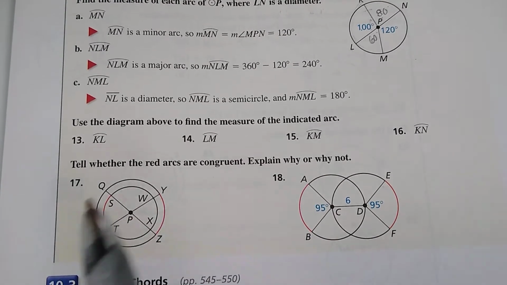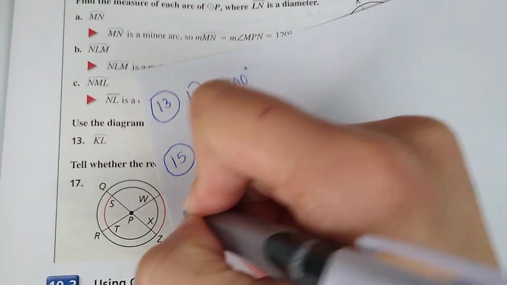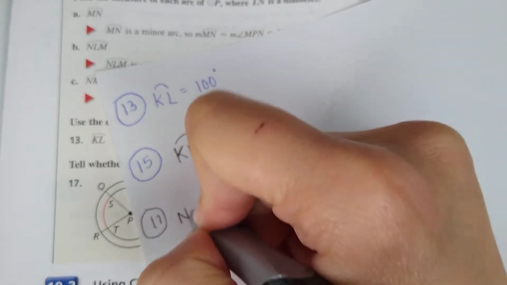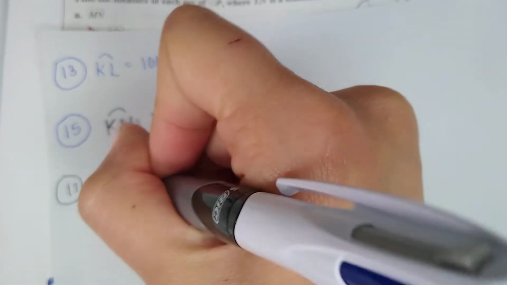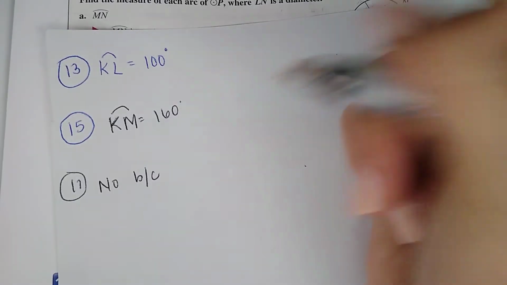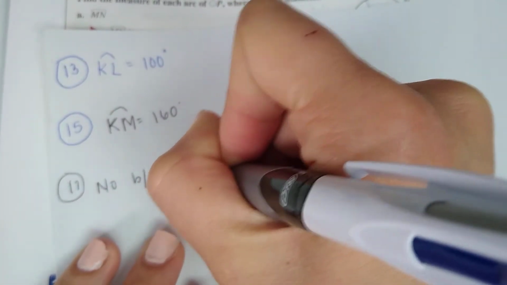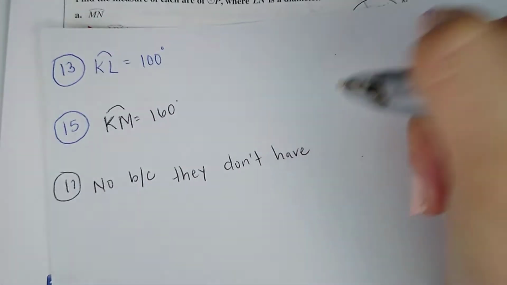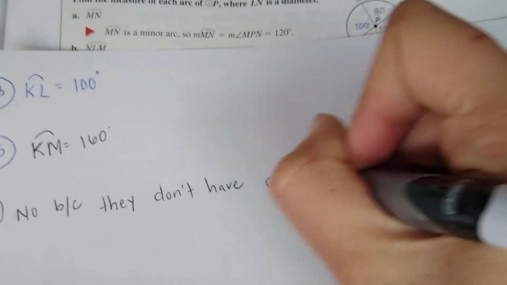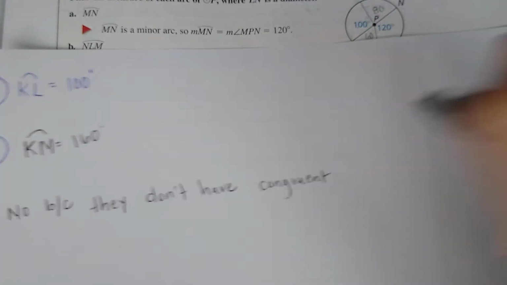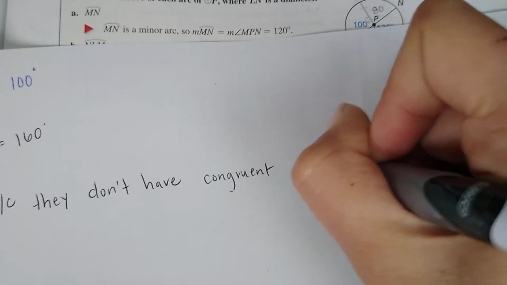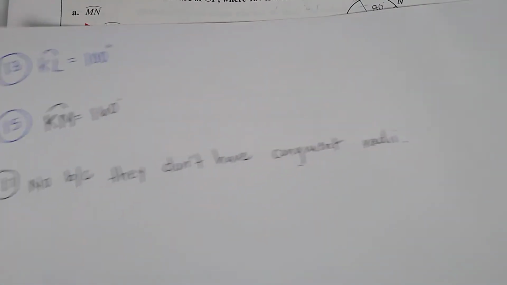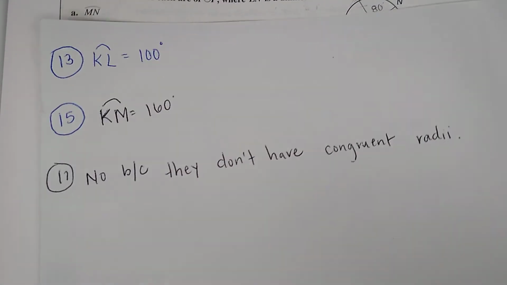So they don't have equal radii. Therefore for problem 17, I would say no, because, I'll just write BC for short, they don't have congruent radii. And that's all you need for an explanation.